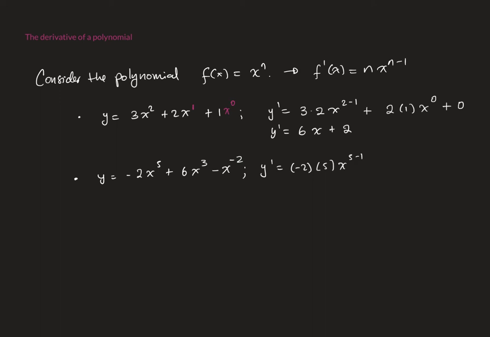That derivative is 6 times 3, x to the power of 3 minus 1. And lastly, we do the derivative of x to the power of minus 2. And that is plus, now I'm going to keep the minus as minus 1, the exponent, minus 2, and x to the power of minus 2 minus 1.